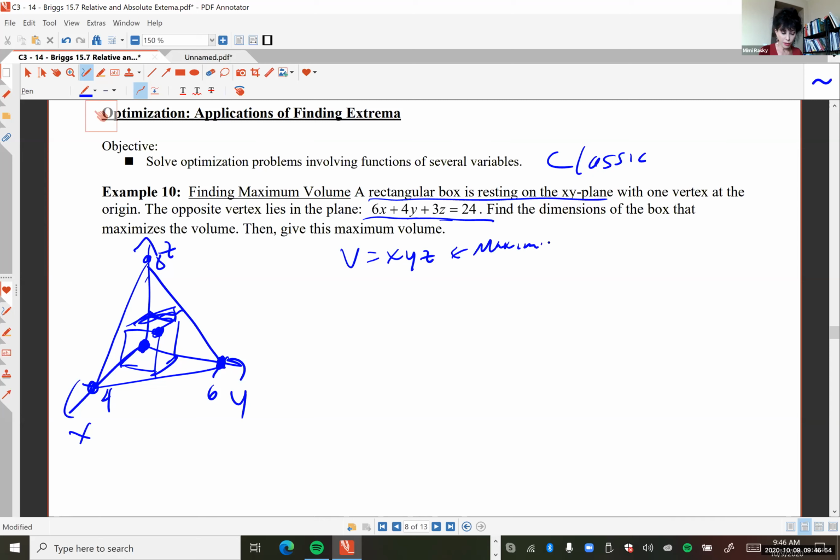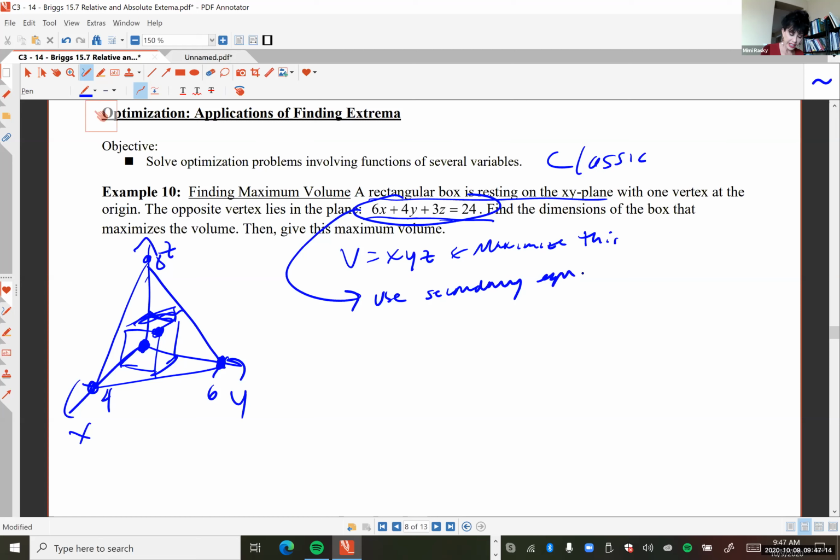But here's the problem. You've got 3 variables, not 2. And I only taught you how to use the D-test for a function of 2 variables. So it's like, oh, shoot, what do I do? Well, you use this secondary equation. This is not the equation that you try to maximize, okay?